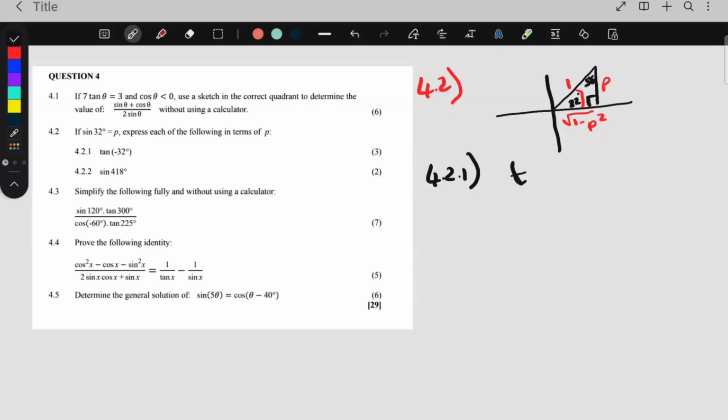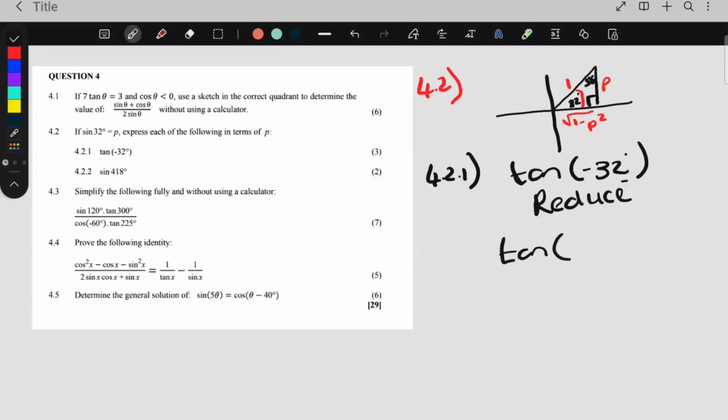4.2.1 says, express tan negative 32 in terms of p. So my first question is, is there a negative 32 in this triangle? No, there isn't. There's only a positive 32. So I have to reduce this angle. To reduce a negative angle, there's so many ways to do it. So I'm going to show you.